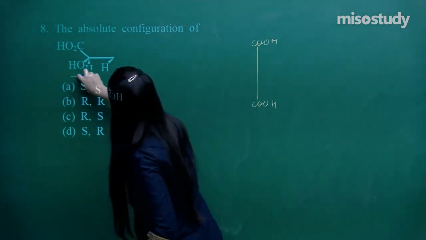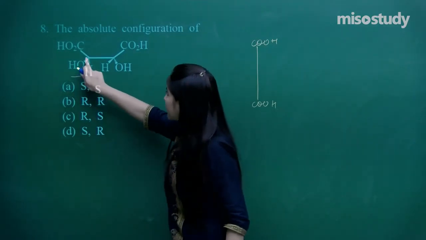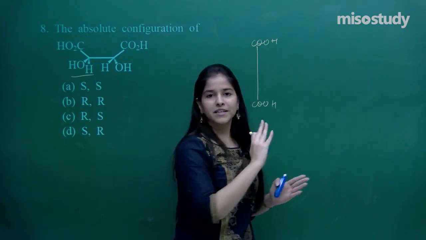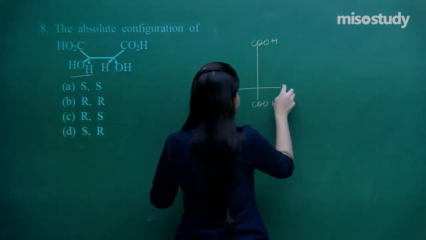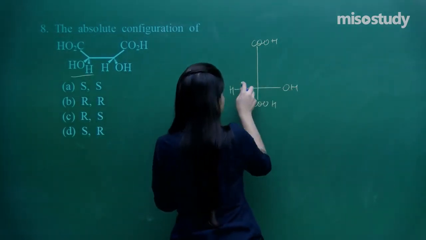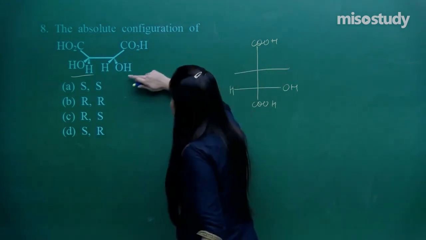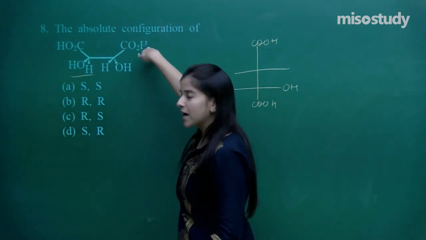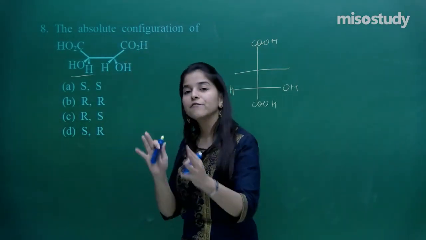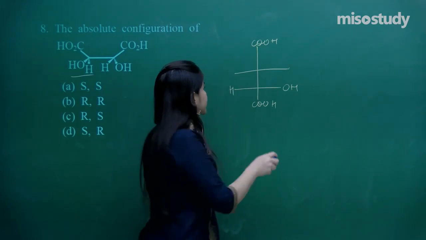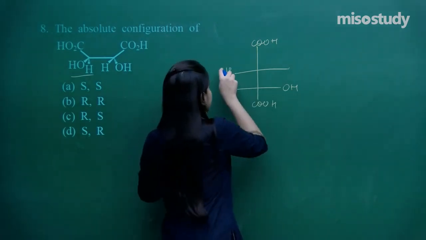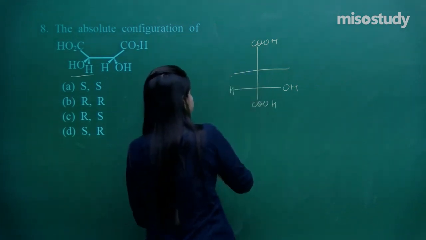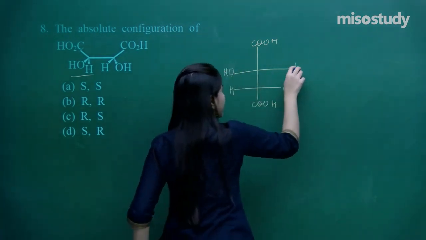And over here, OH has a wedge, pointing out towards you. That means I need to represent this on the right and H to the left. In the second, OH is pointing behind the board, away from you, so it will be written here on the left. Let me write that down again, OH and H.